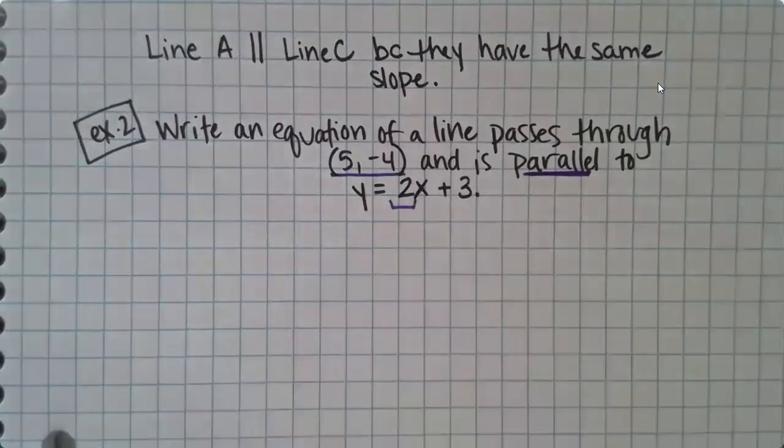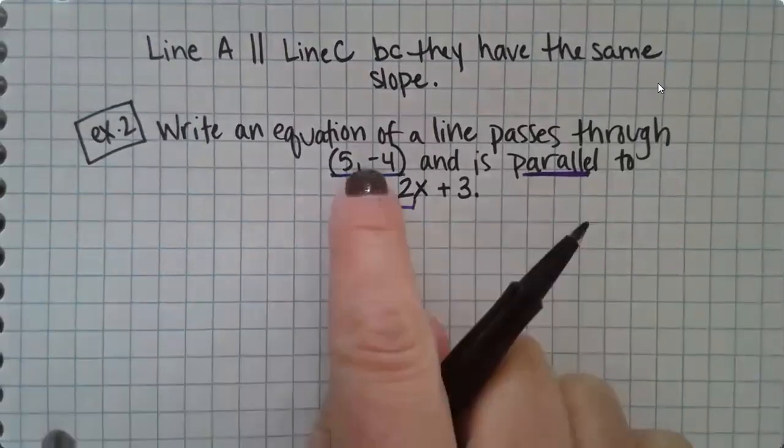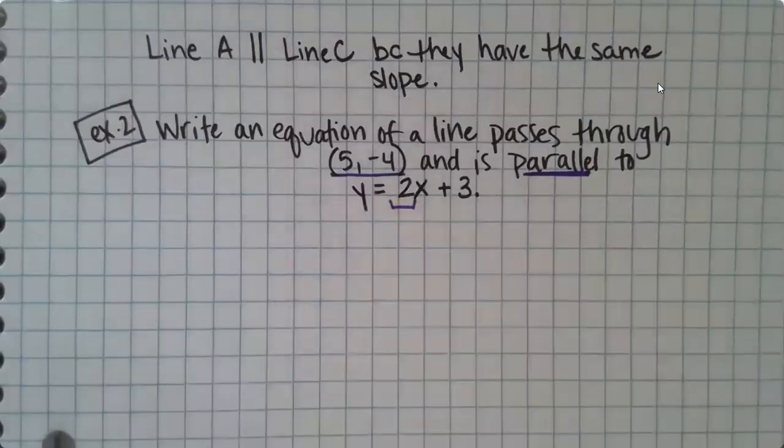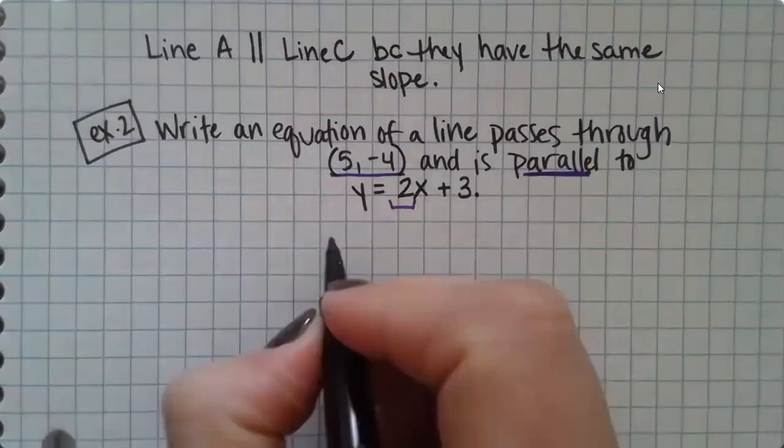So the slope of our new line will also be 2. So what we can do is use point slope form, plug in this point, plug in the slope, and then get it to slope intercept to make a new equation. So let's go ahead and do that.